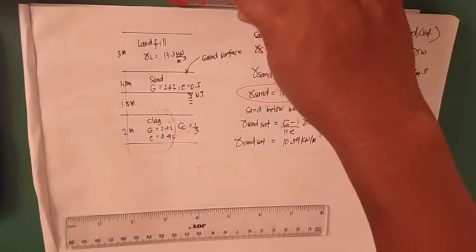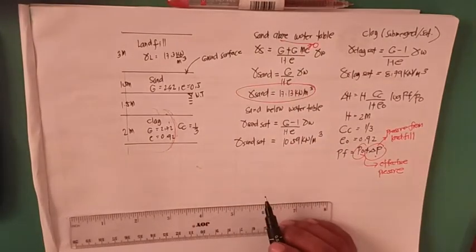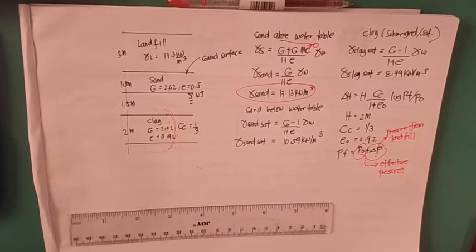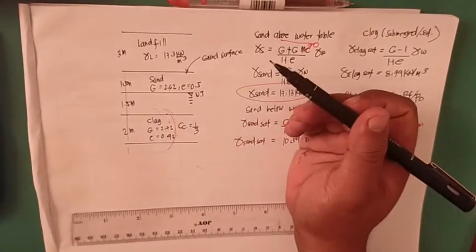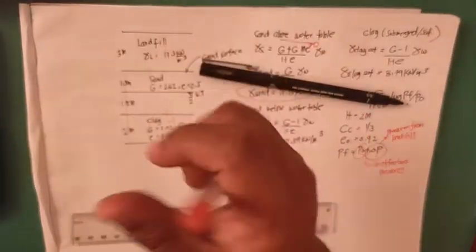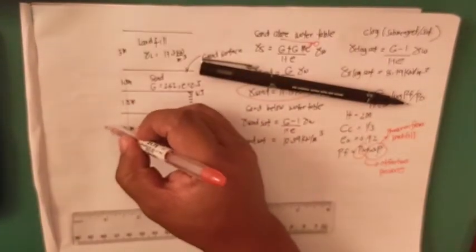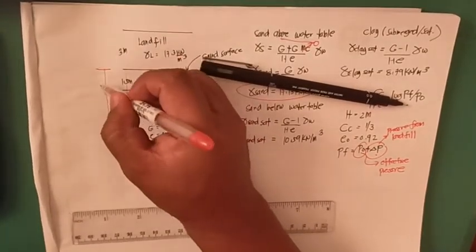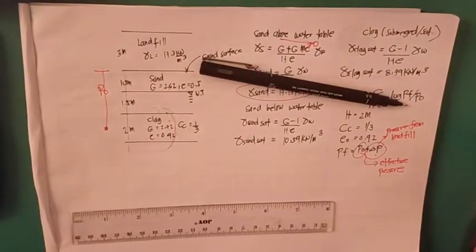So, to do that, we need to determine first the value of Po at considering ground surface. So, what will be the value of Po? The value of Po.